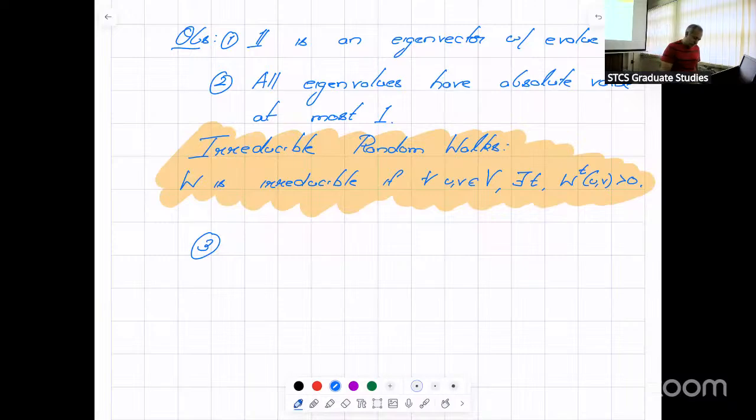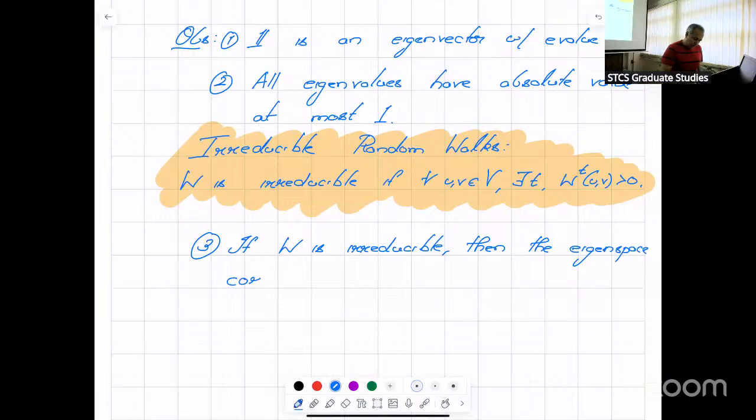I want to say if W is irreducible, then the eigenspace corresponding to eigenvalue 1 has dimension 1.